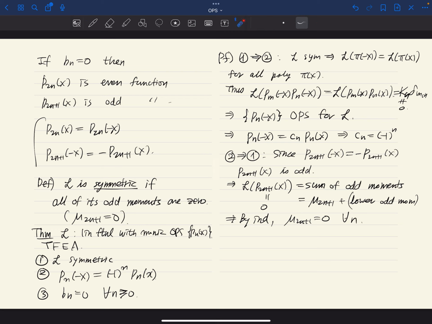That means exactly the symmetry. This is done, and now we're going to prove the equivalence of 2 and 3. To do this, let's define another function q_n to be (−1)^n P_n(−x).